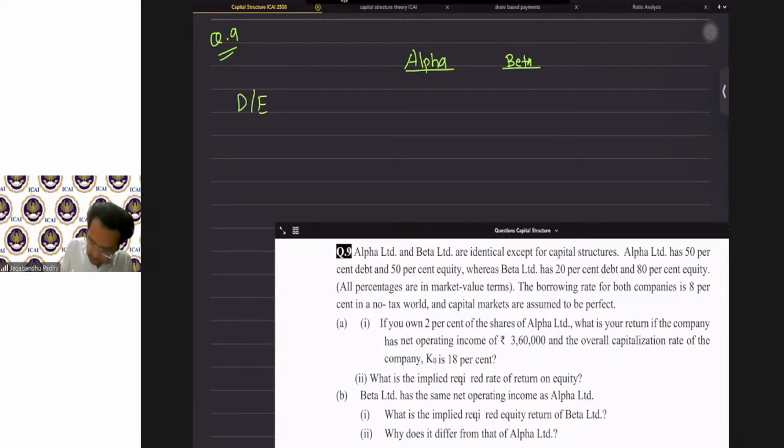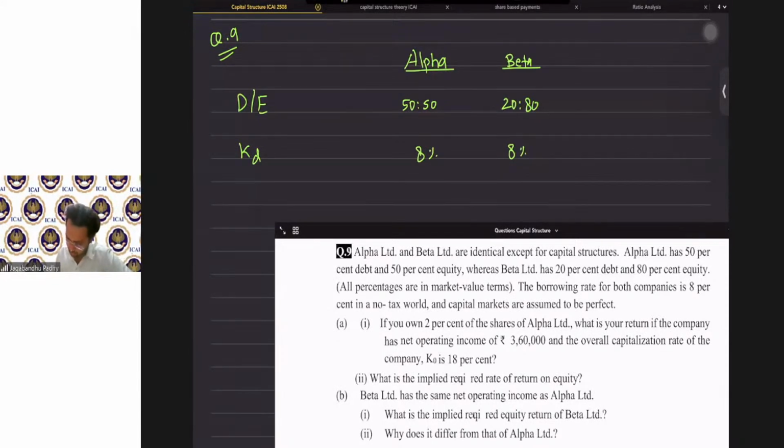The debt equity ratio, which they have specified, the debt equity ratio for Alpha is 50-50. And for Beta, it is 20-80. Borrowing rate, we can say cost of debt, that is same for both the firms.